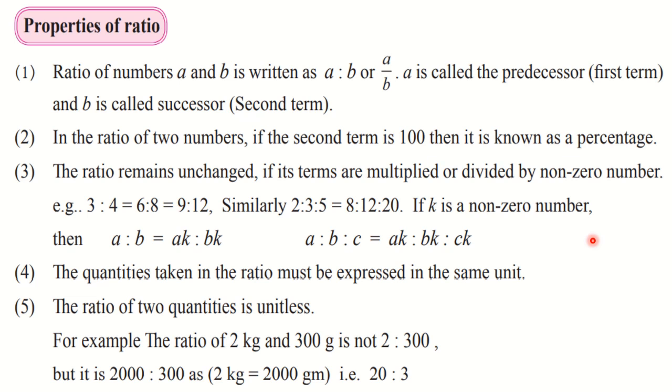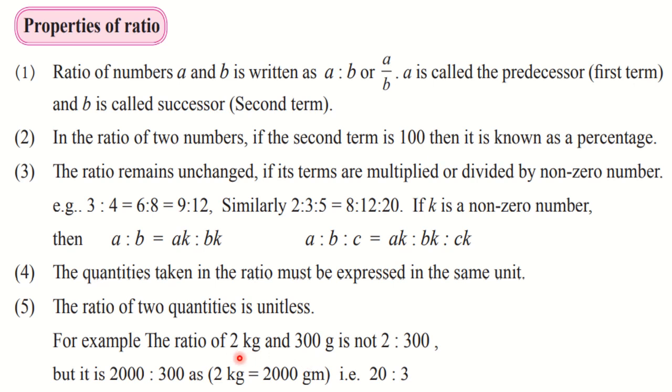Whenever we want to find the ratio, both the quantities should have the same unit. Then and only then can we find the ratio. Like here, see 2 kg and 300 grams. Directly we cannot find the ratio because their units are different, here kg and here grams. So you need to convert these to the same unit.